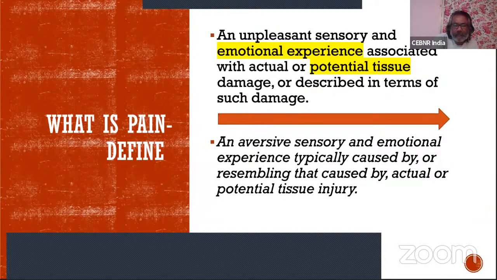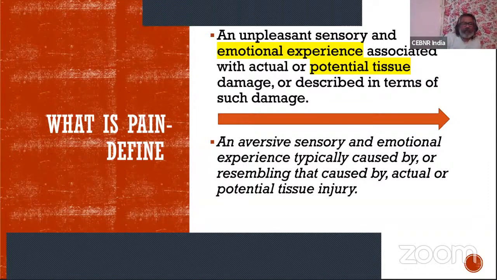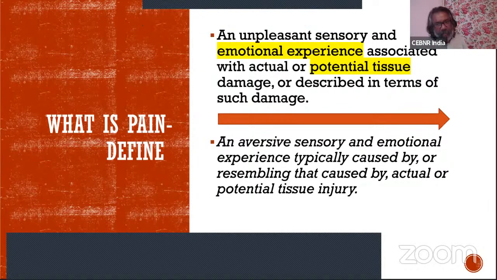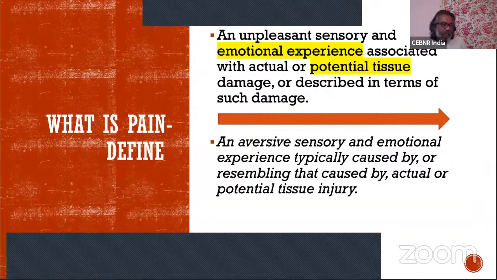At the same time, pain can also be because of actual or potential tissue injury. Now again, I think this is a vital part of understanding of pain. In case of actual injury, we can understand somebody gets hit and then they get pain. But if you think that there is going to be an injury, or there's going to be a potential damage to your system, then also you may feel the pain.